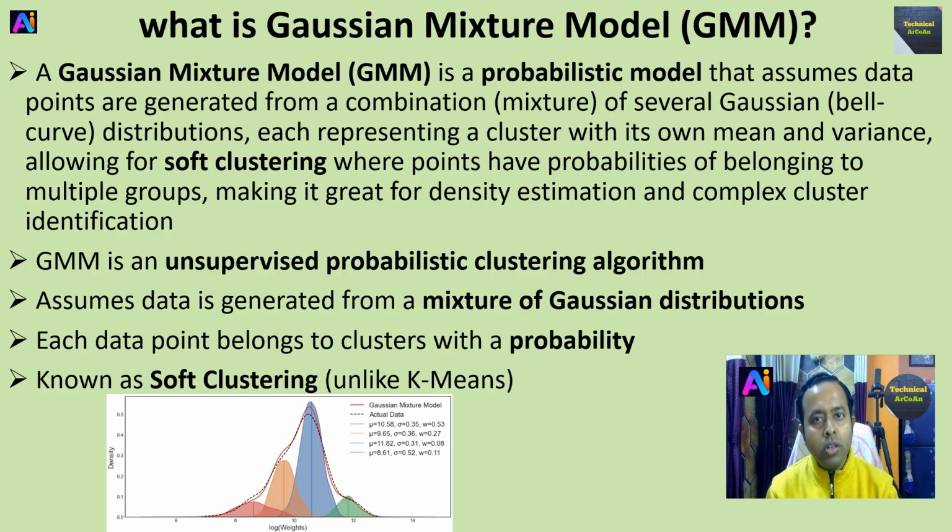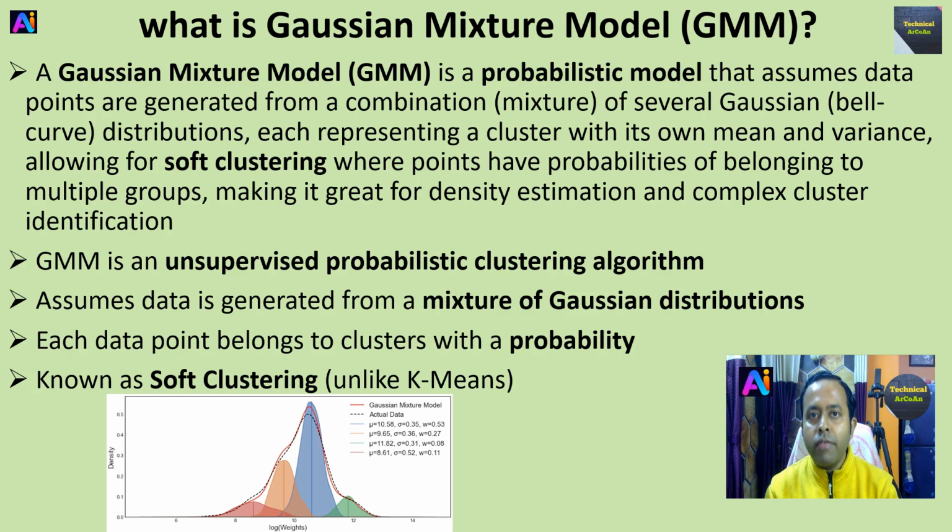A Gaussian Mixture Model is a probabilistic model that assumes data points are generated from a combination, meaning the mixture, of several Gaussian, meaning the bell curve distributions, right? Each representing a cluster with its own mean and variance, allowing for soft clustering where points have probabilities of belonging to multiple groups, making it great for density estimation and complex cluster identification, right?